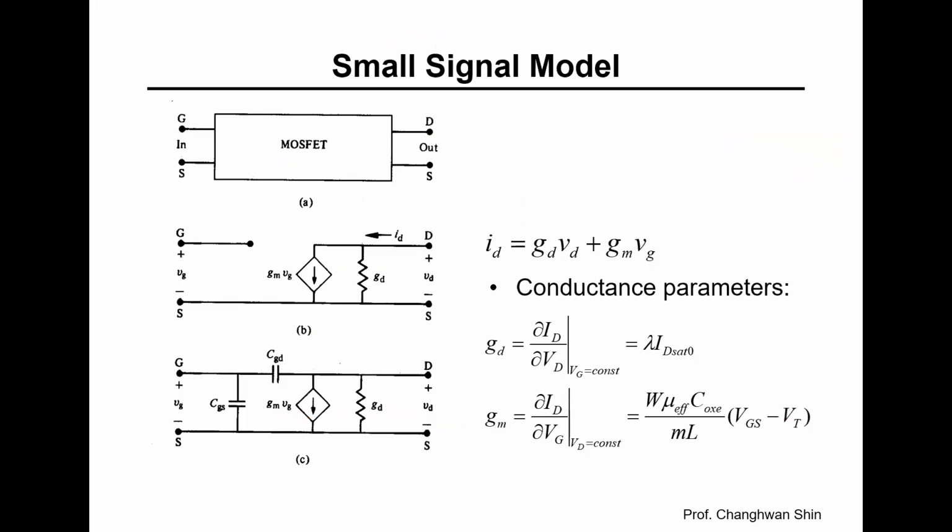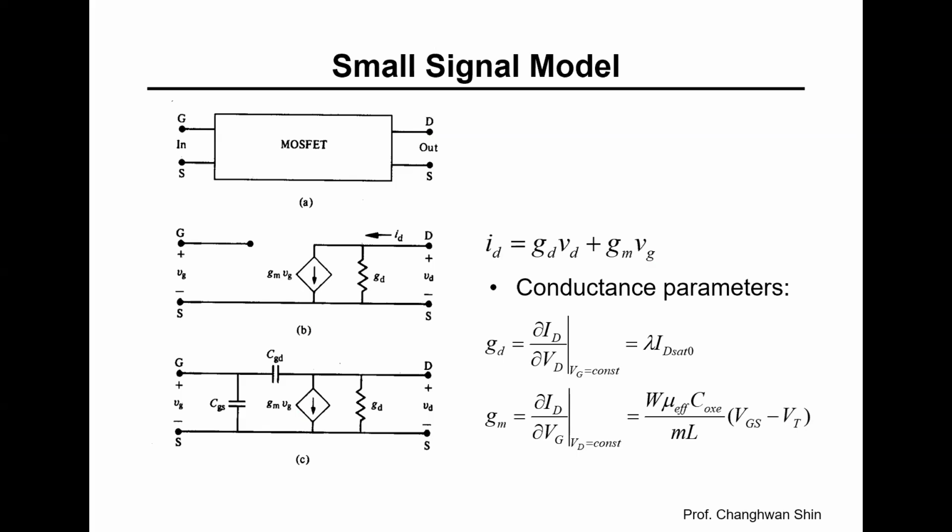So now let's move on to the small signal model. A few more slides left. For analyzing MOSFETs in amplifier circuits, we often use a small signal model that linearizes the device behavior around an operating point.